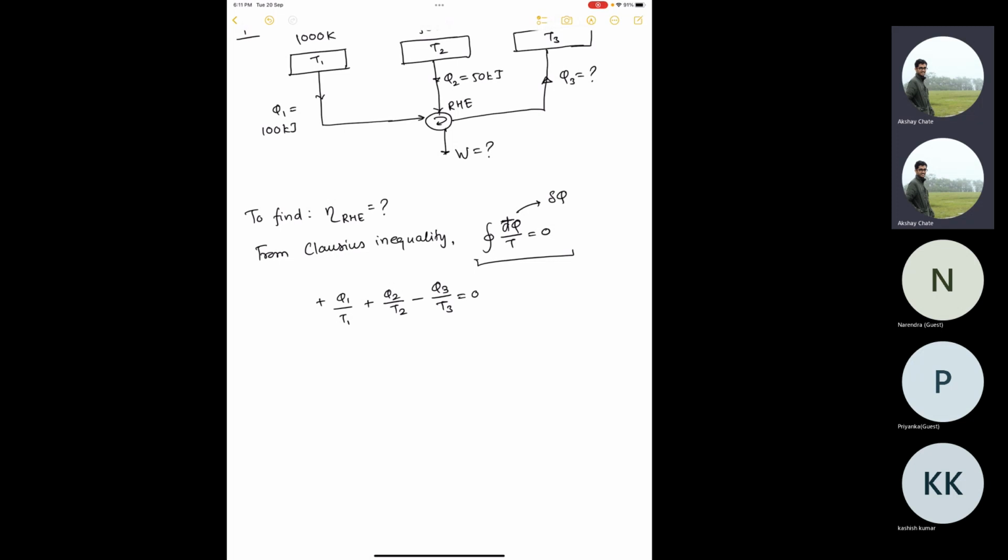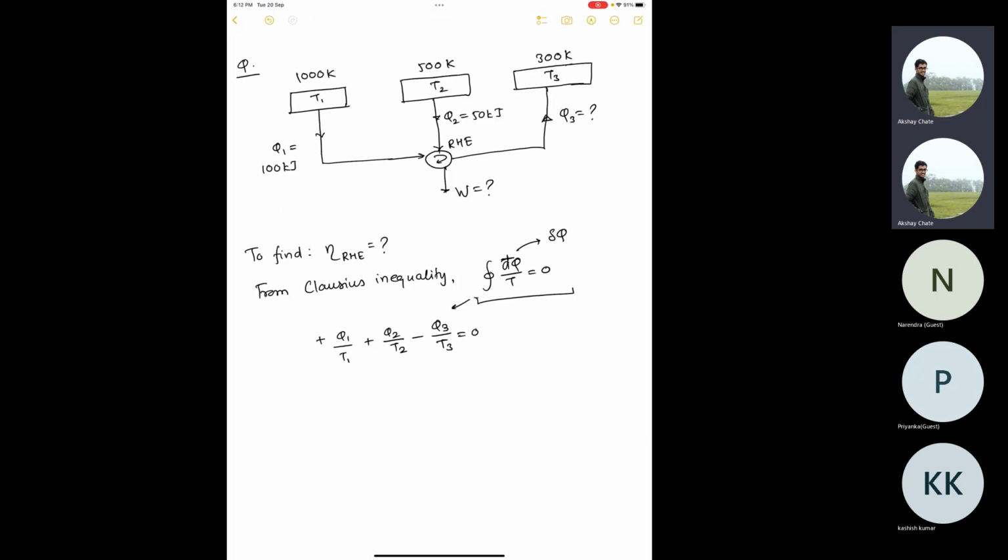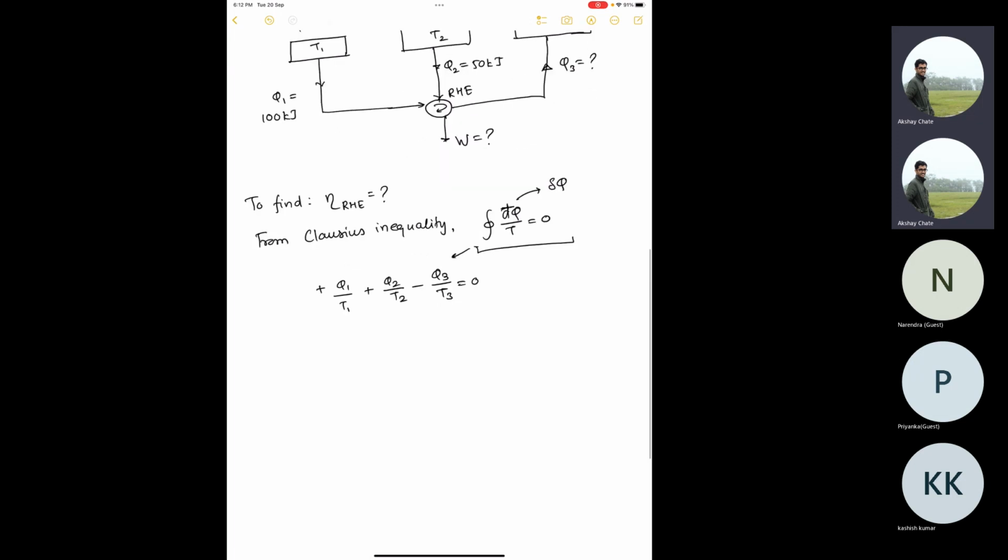And here you need not worry about the integral because it's a constant temperature source. So even if you do the integral, 1 by T will come out, so it will be just integrating del Q, so it is Q. So therefore you can just write this way. Now if you see, you know T1, T2, T3, you know Q1, Q2, Q3 is unknown, right? So one equation, one unknown.